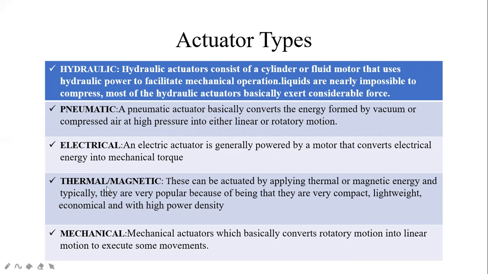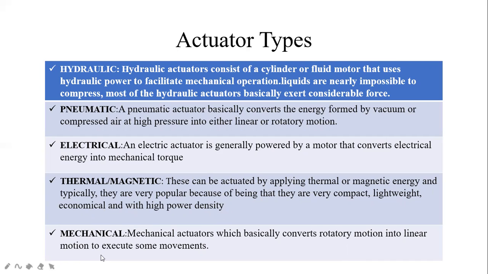Fourth one, thermal or magnetic. Again, what will the parameter be here? Here the parameter will be your thermal energy or magnetic energy. These can be actuated by applying thermal or magnetic energy, and typically they are very popular because they are very compact, lightweight, economical, and with high power density.